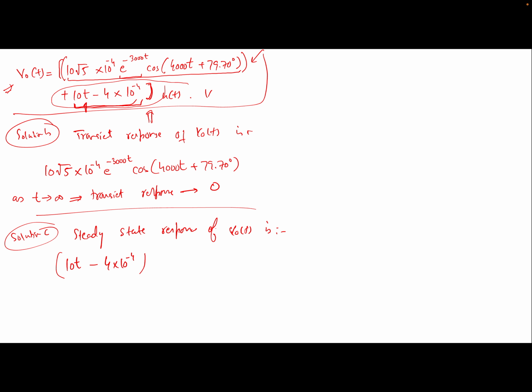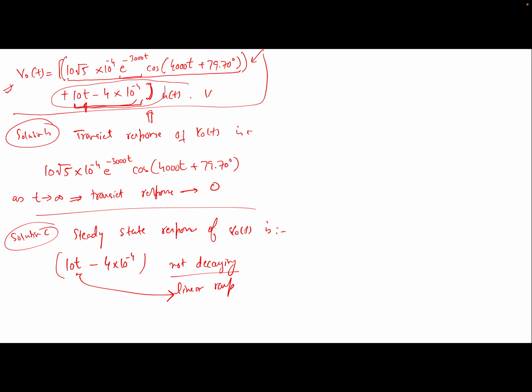And again, this is not decaying, and it is a linear ramp because of this t multiplication. So this is a steady state response. It is going to continue to increase.